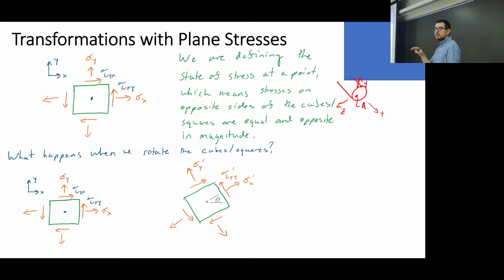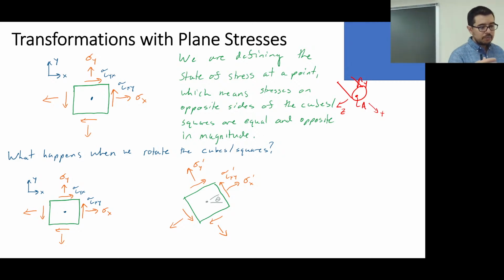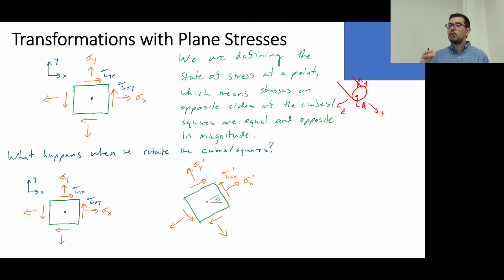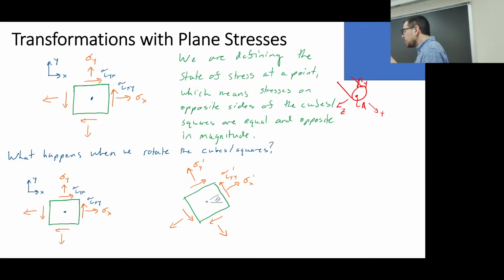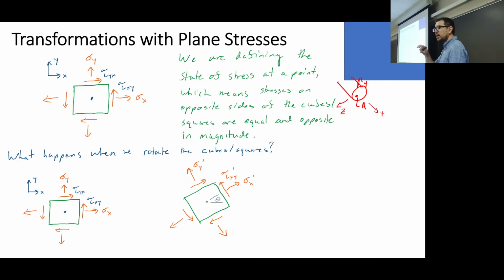All of these states of stress that I have are going to be equivalent, and they're all going to satisfy equilibrium. That is the key, because these elements are not accelerating. One thing that has to be clear: I cannot draw sigma x on one surface and not on the other surface.